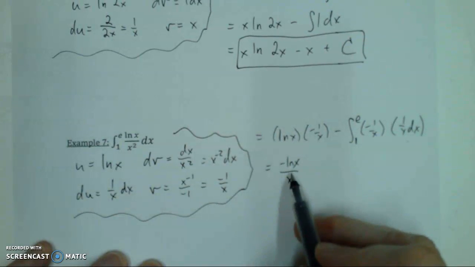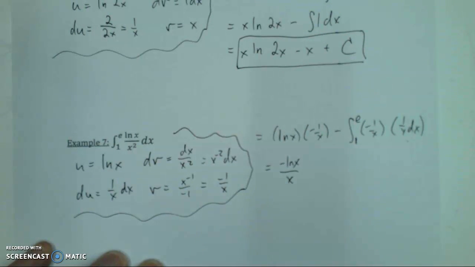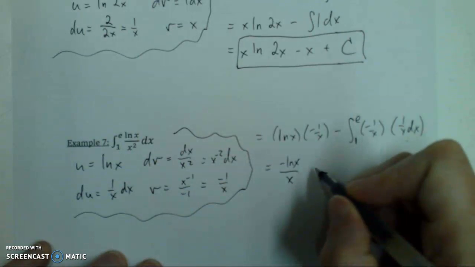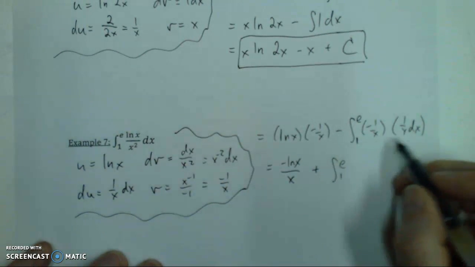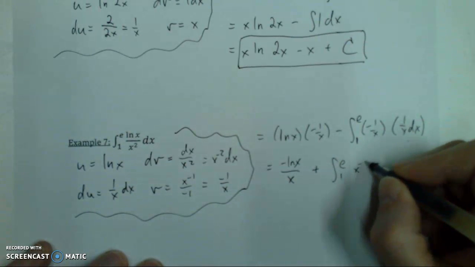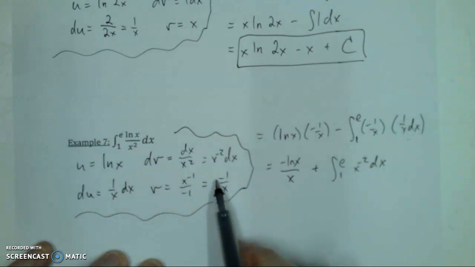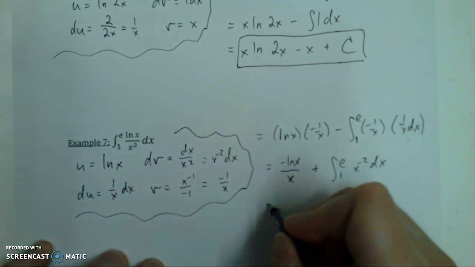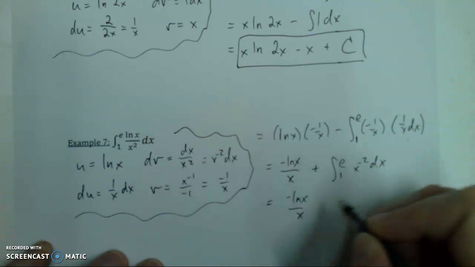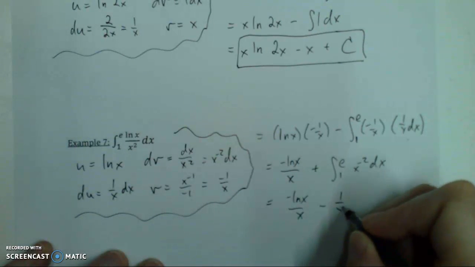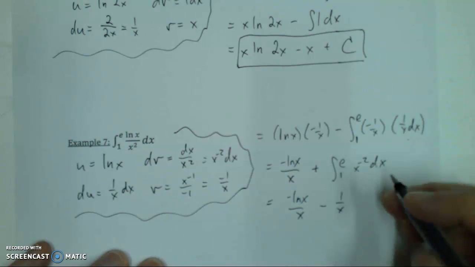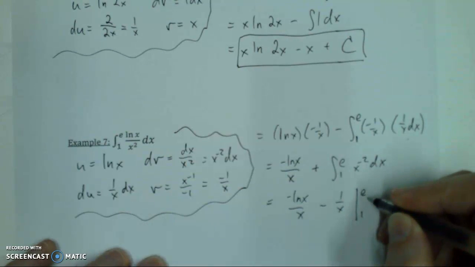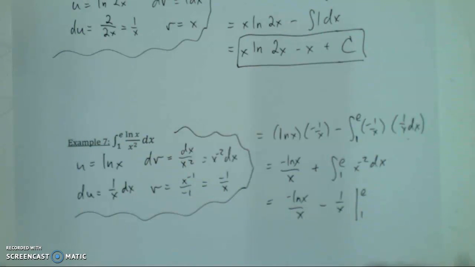I'm also going to squish those first terms together and write it as one big fraction. I've also got minus a negative, so let's turn that into a plus. I get 1 over x squared, which is x to the negative 2. Well, I just integrated that. So here I'm going to get minus 1 over x. And again, instead of putting my plus c, let's put a line with my bounds.